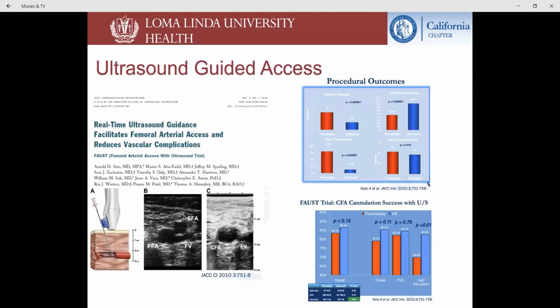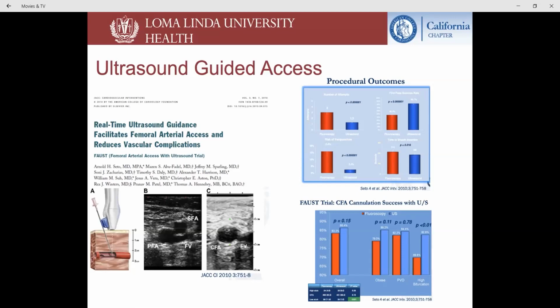The two landmark trials for the use of ultrasound for femoral and radial artery access are the FAUST and RUSSIAN trials, respectively. FAUST stands for femoral artery access with ultrasound trial, real-time ultrasound guidance facilitates femoral artery access and reduces vascular complications.